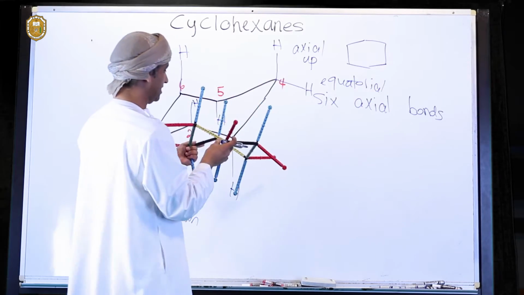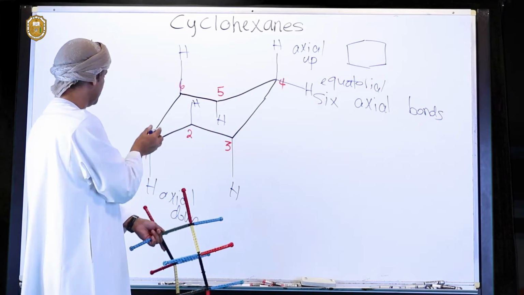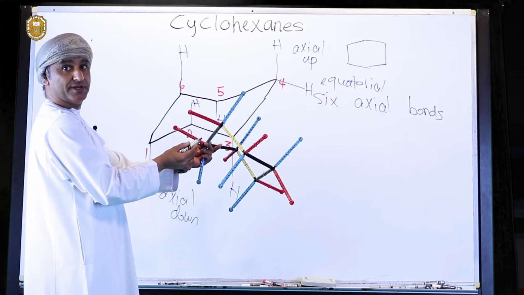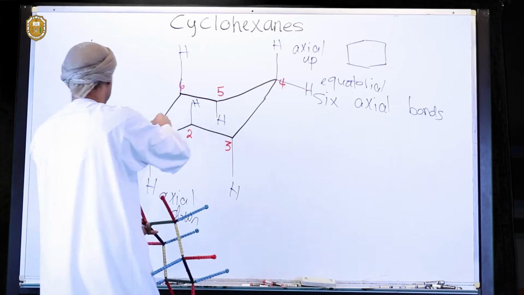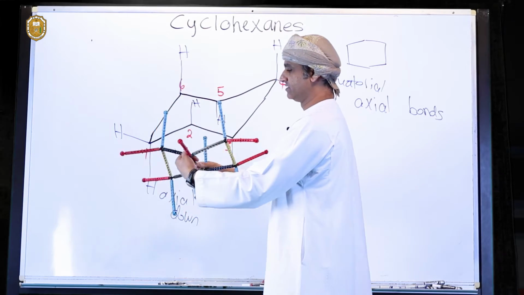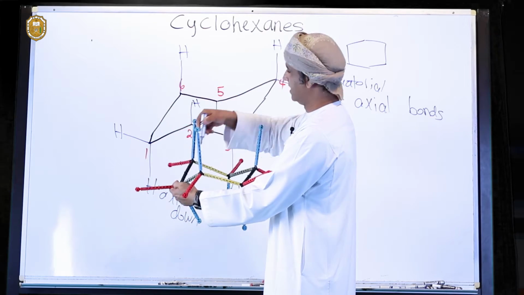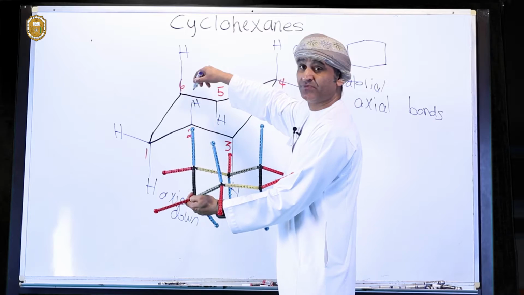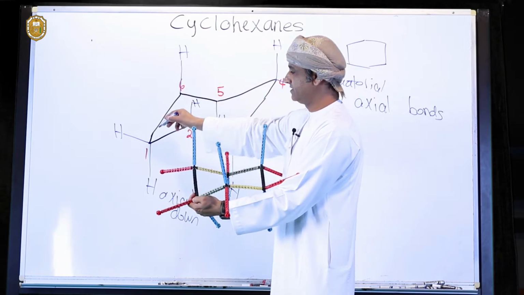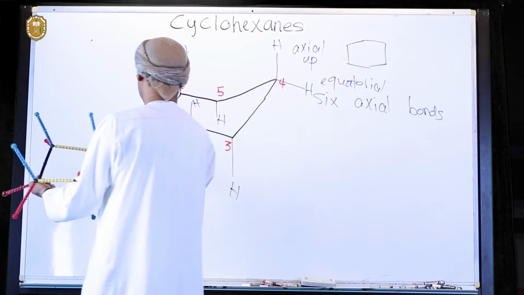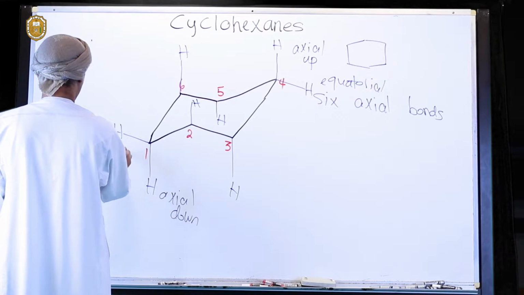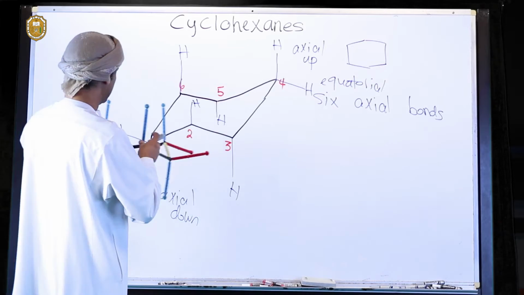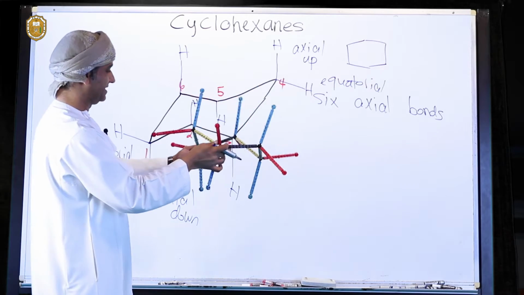Now, we can also draw an equatorial bond on carbon number 1. So this carbon-hydrogen bond is parallel to the bond between 6 and 5. So this is another equatorial bond which we can draw. That's the second one.